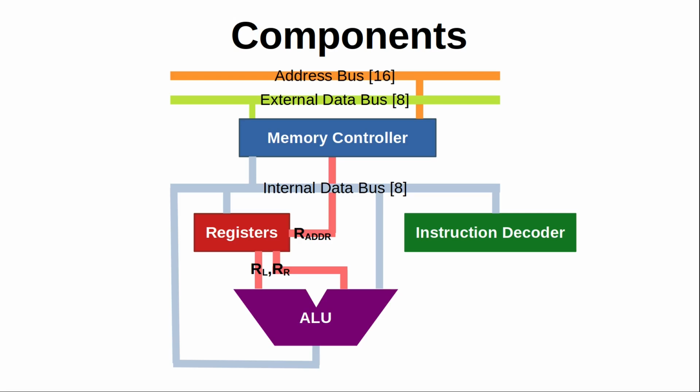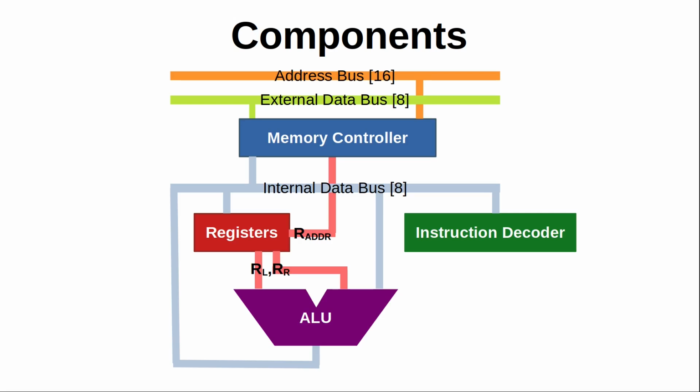We're going to tell it, depending on the state of the processor, whether it's reading or writing, and what address it's going to be dealing with. And if we're reading a value from memory, we are going to put that value onto the internal data bus. And that's what we can see here. That is also 8 bits.